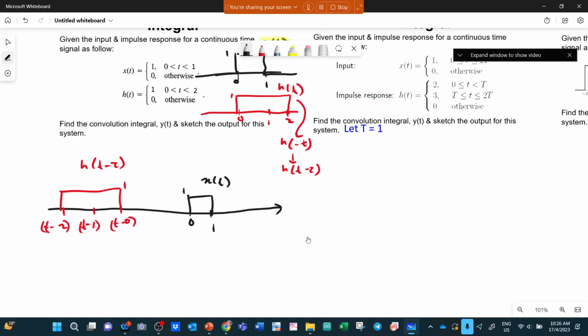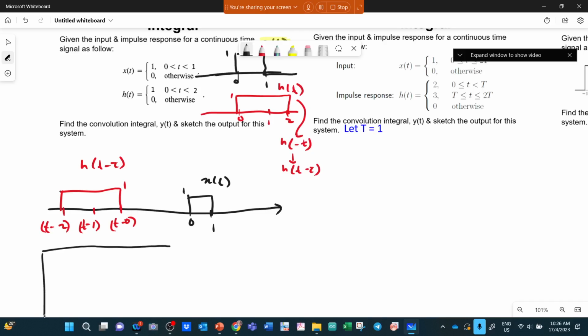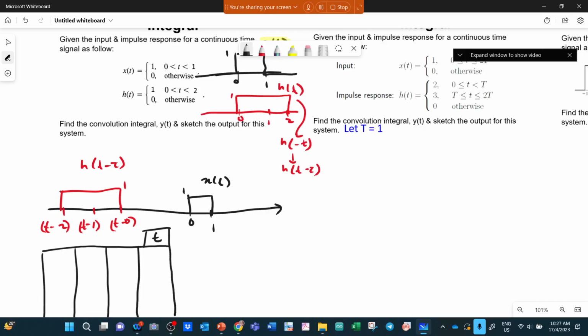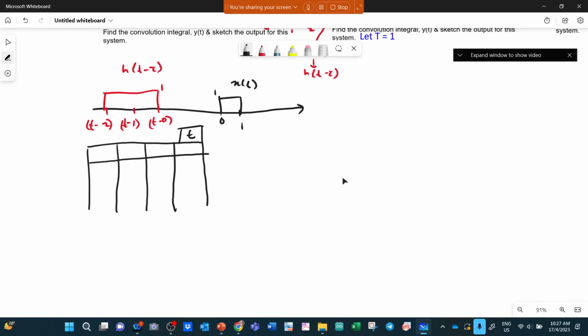Kita buat table. Okay, jangan lupa table. So ada berapa value tadi? 3 kan? And then you ada t kat atas ni, the one that you are going to find. Start with the non-overlapping, then find the overlapping area.